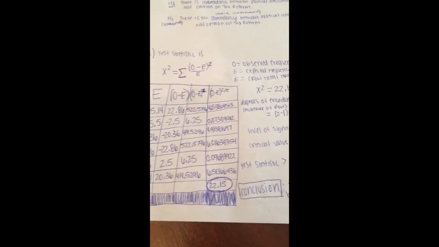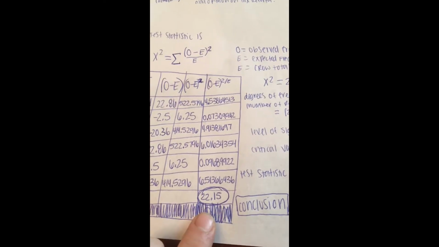So all you're doing is punching these numbers into the formula at the top of each column. And then you have your observed minus expected squared over the E. So when you punch in all of it, you get your total sum, which I got 22.15. So that would be our chi-square sum.